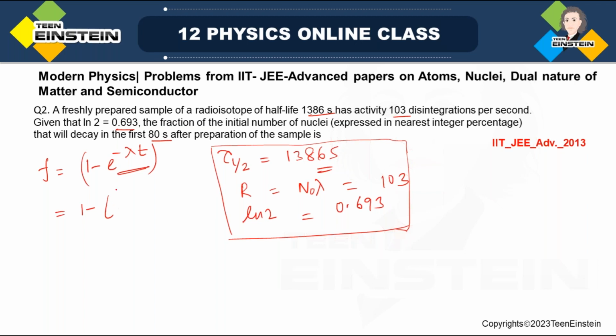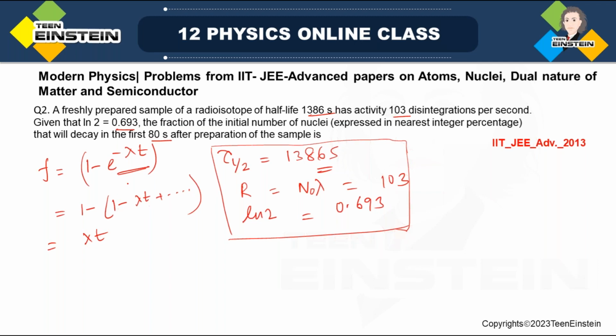So this will be 1 minus lambda t, taking up to first order term of t, then you get lambda into t.